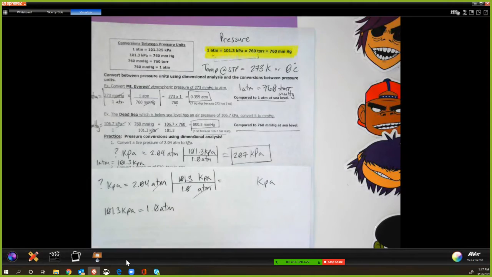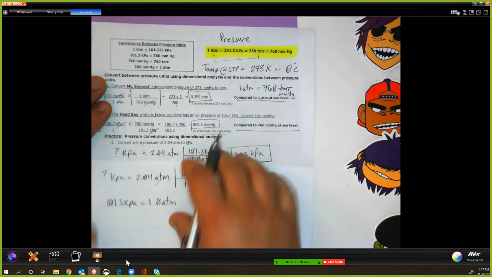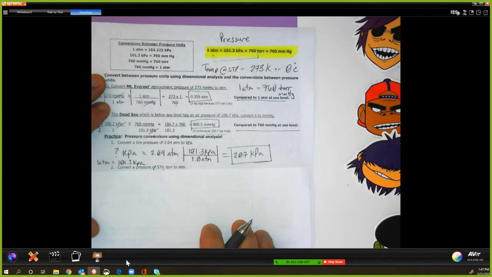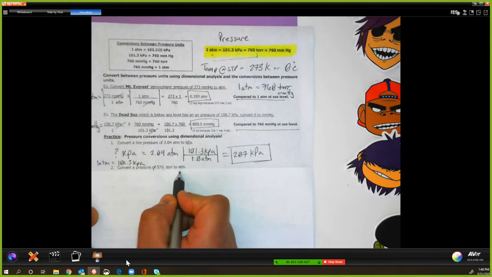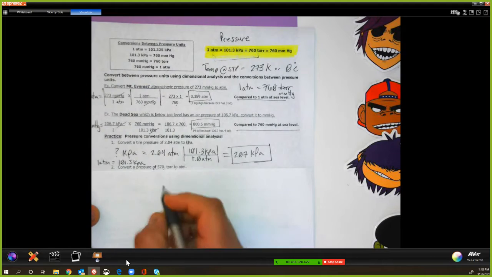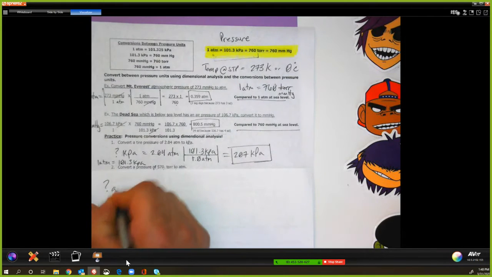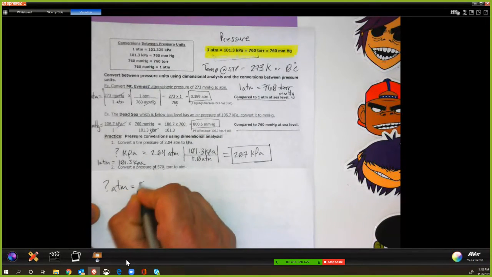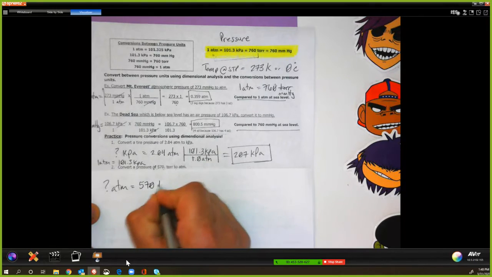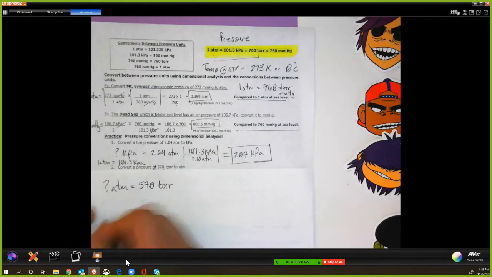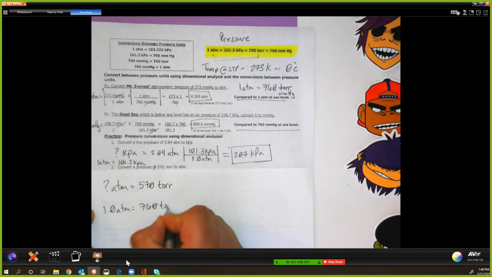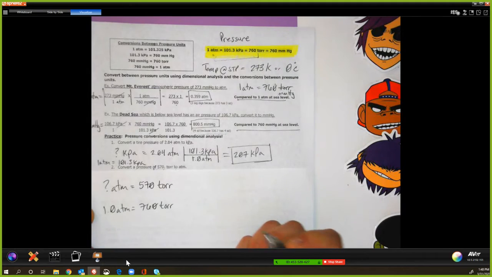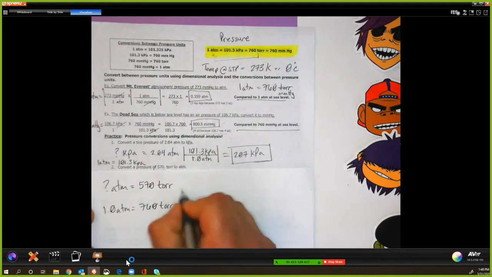You good? Okay, sweet. All right, so then on this next one, you're converting a pressure of 570 torr to atmospheres. So then I want atmospheres on this one. How many ATMs are in 570 torr? And this one I'm going to use for every 1 atmosphere, it's 760 torr because they're equivalent at STP, at standard temperature and pressure.